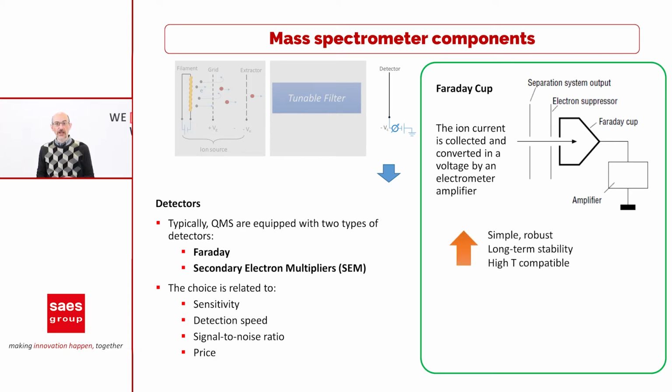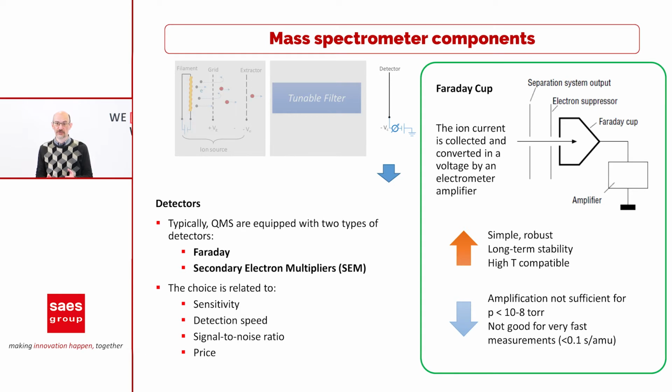It is simple and robust. It has a good long-term stability, and it is compatible with high-temperature bakeout. However, its gain is not large enough for use in UHV, and it is not good for fast measurements.